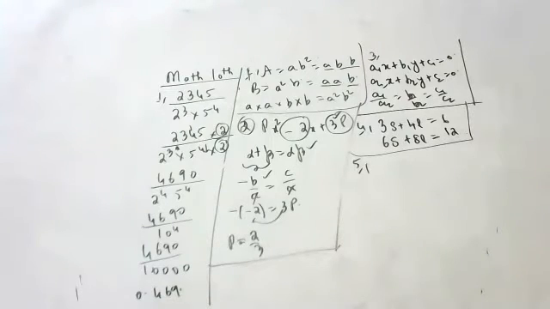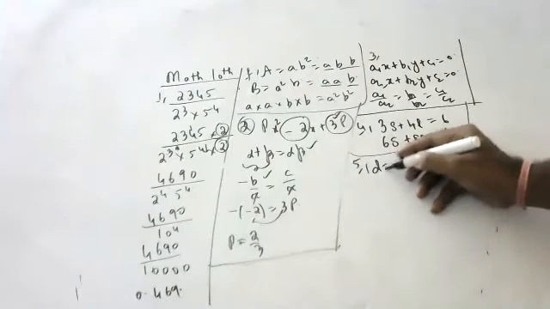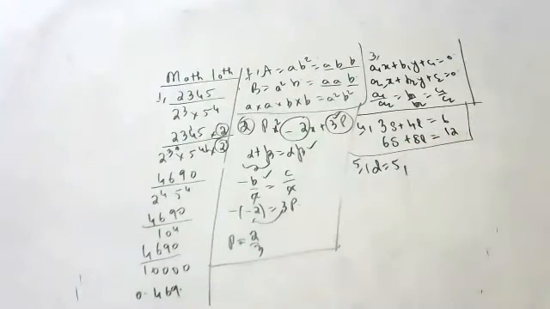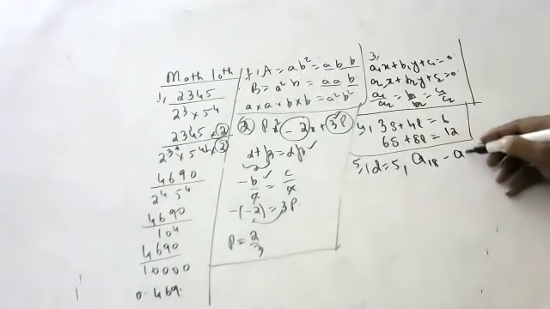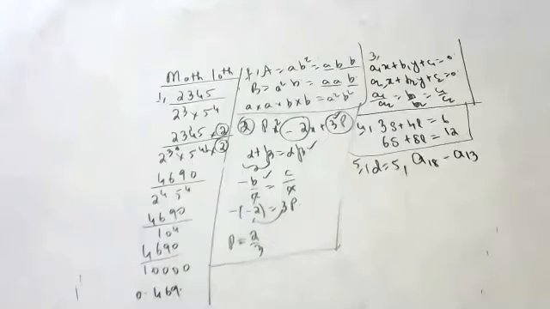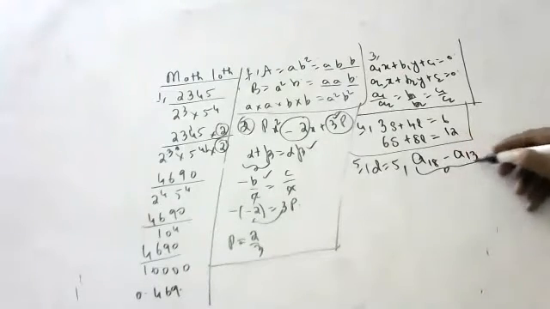Next one. If the common difference of an AP is 5, then what is the value of a18 minus a13? Okay, Kashish, what is a18 minus a13?